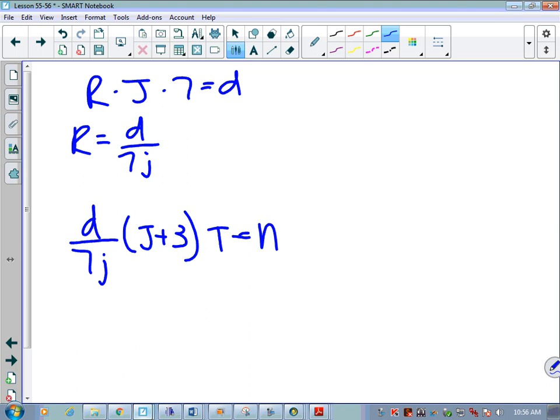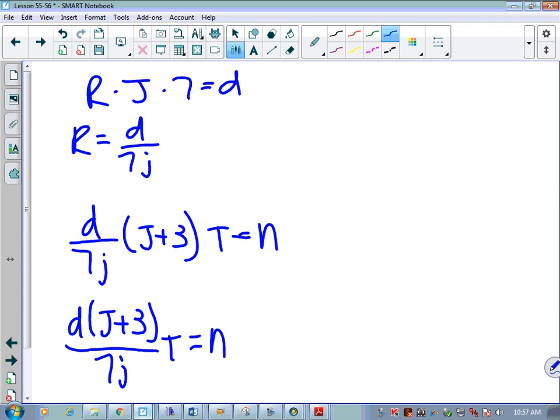All right, so the first thing I'm going to do is distribute the J plus 3 to the D. And a lot of times we'll just end up leaving that out because it's going to factor out the other way whenever we do that. So 7J times t equals N. And so that would mean that I'm going to divide by a fraction, which I can't do, so I'm going to multiply by the reciprocal.